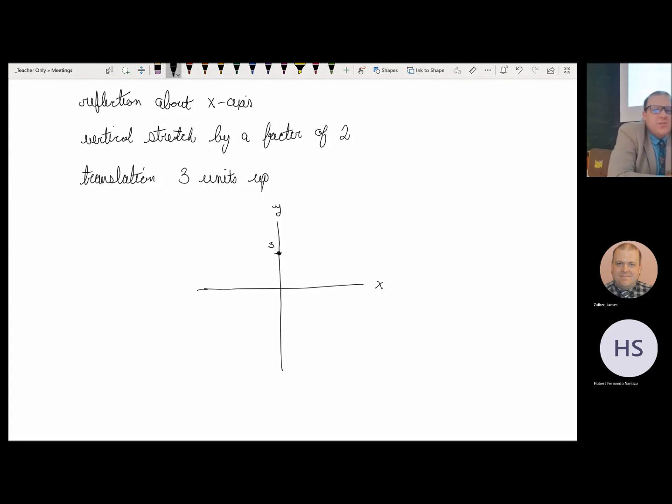Note it's moving up 3 units, so there's going to be my vertex. The fact that it's reflecting about the x-axis tells me it's now going to open downwards instead of upwards. Now the toughest one, the stretch.